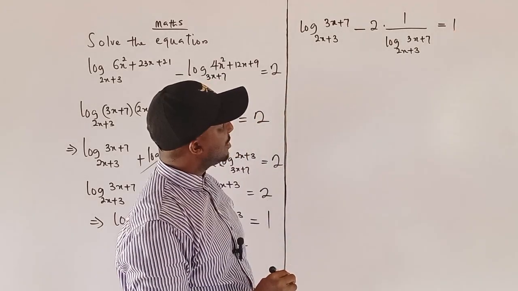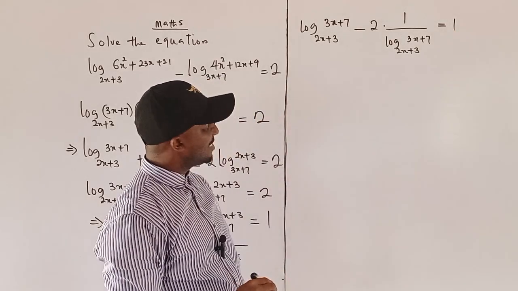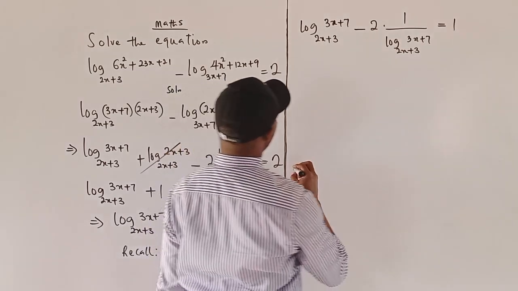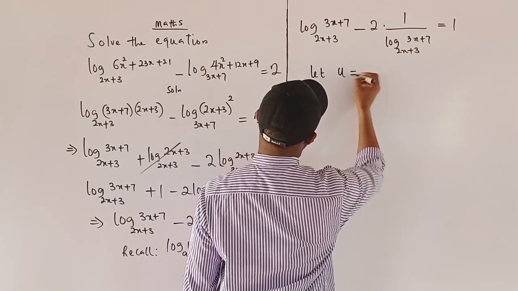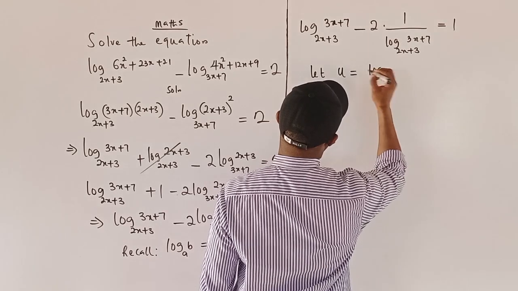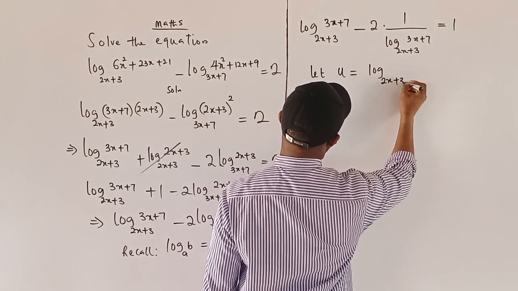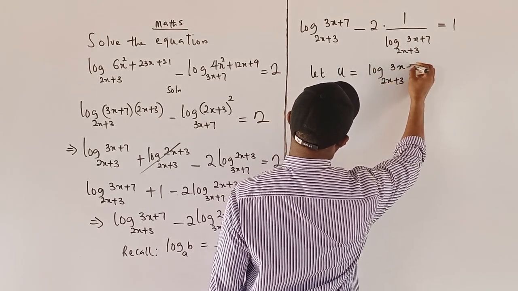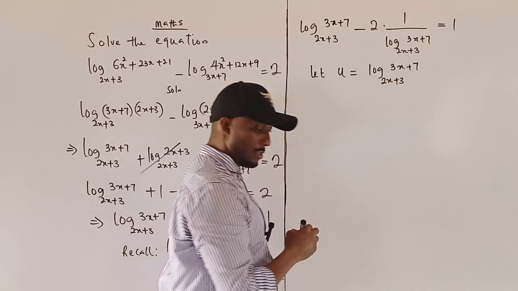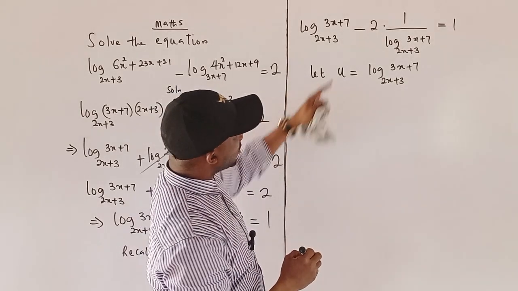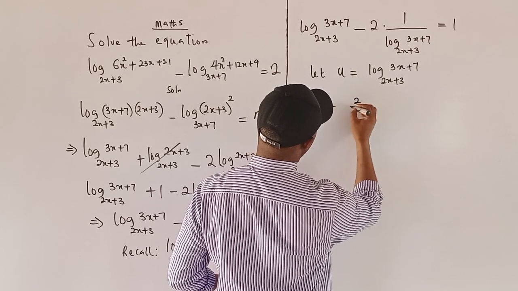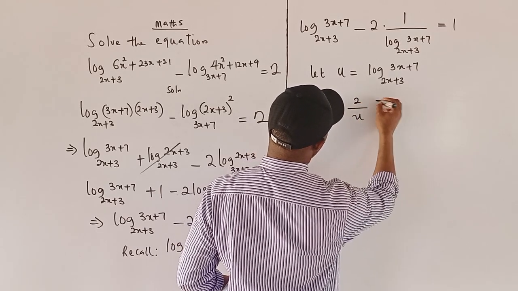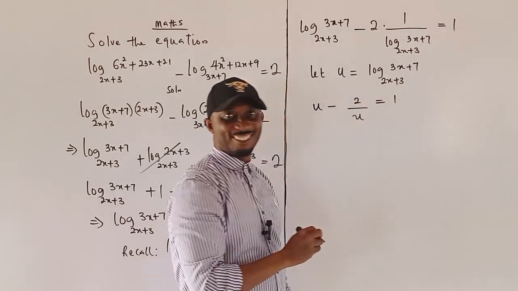So this is the key to the solution. So I'll then make a substitution. Let u equal log to the base 2s plus 3 of the argument 3s plus 7. So we can then write this equation as u minus 2 upon u equal to 1.